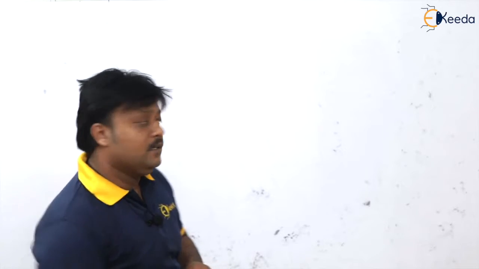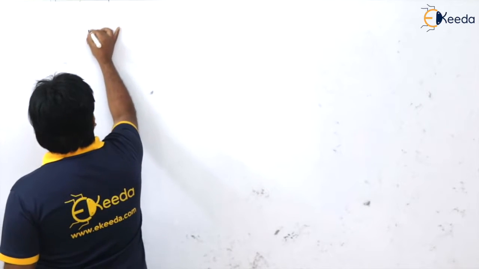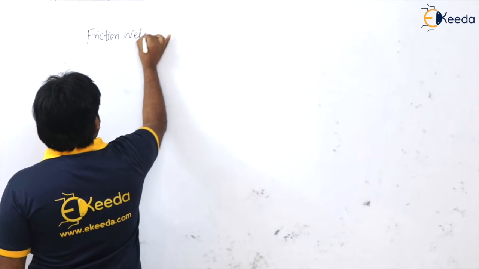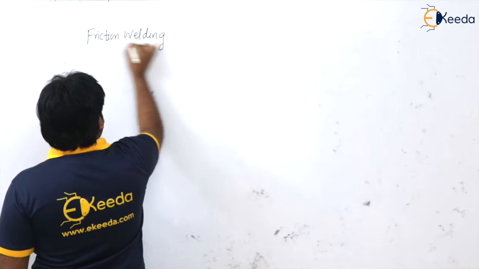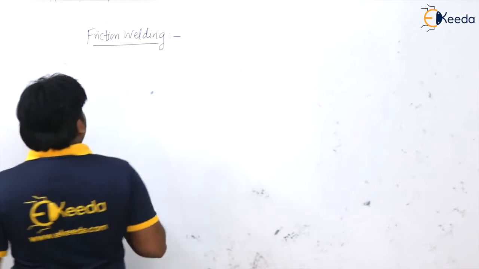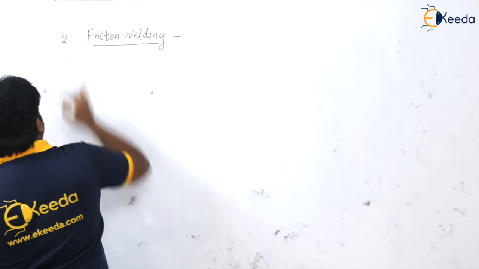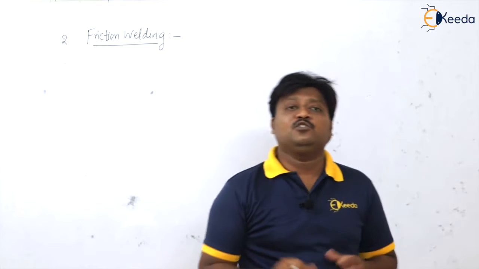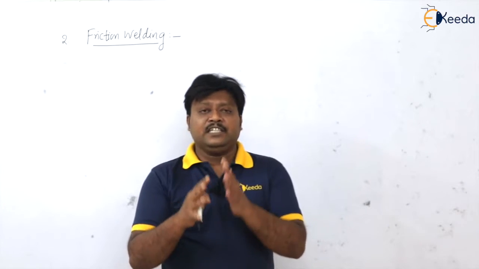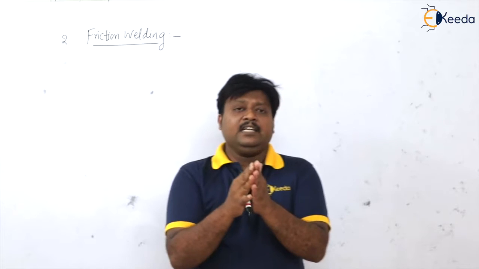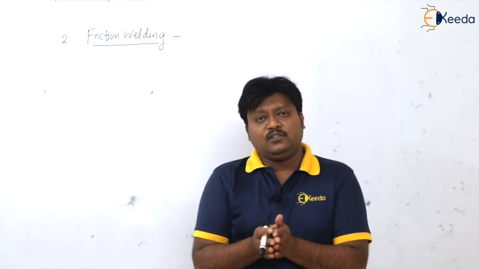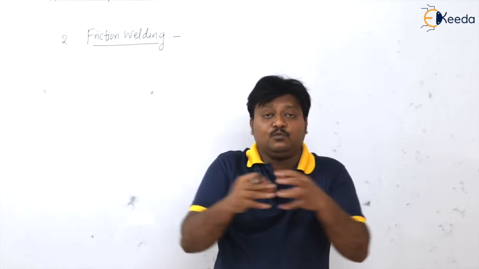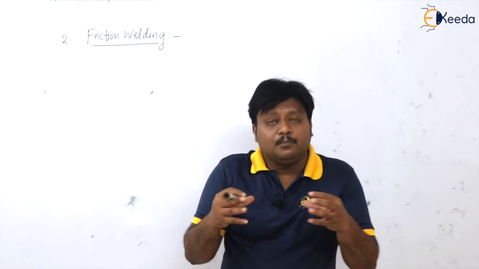Now the next solid state welding process we are going to see is friction welding. Again, in friction welding, the heat required for producing the joint is obtained by the friction at the ends of the workpiece. Because of friction, heat is produced at the interface of the two joining parts.